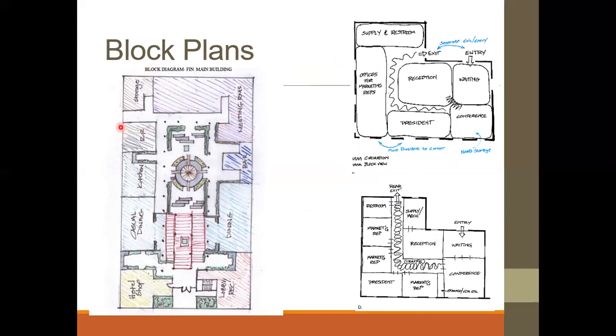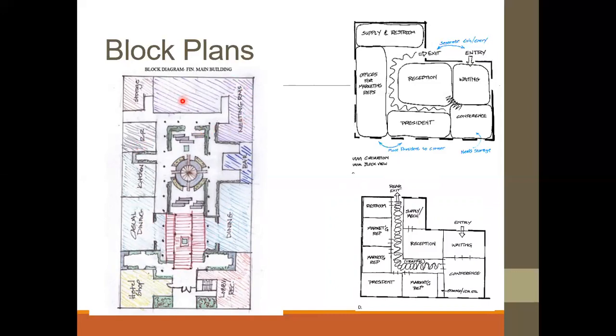So block diagrams have the same purpose as the bubble diagram. We have placed a lobby area. Lobby is near to the dining area. There is a shop at the front. Then the kitchen area, which is close to the dining room.